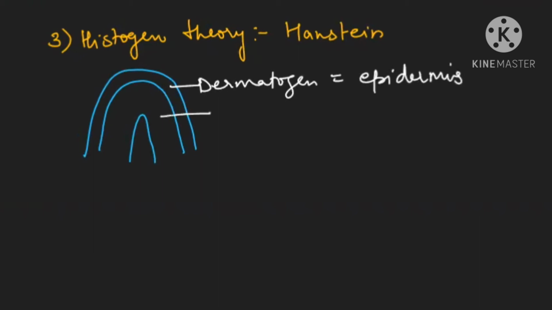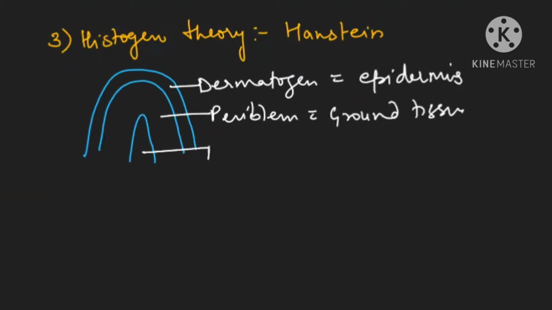This is periblem, which is going to give rise to ground tissue. And this is plerome, which is going to give rise to vascular tissue. So histogen theory is applicable. We believe in histogen theory. Is it clear?